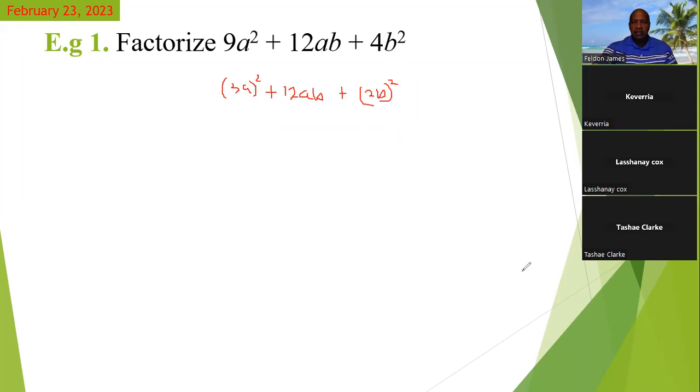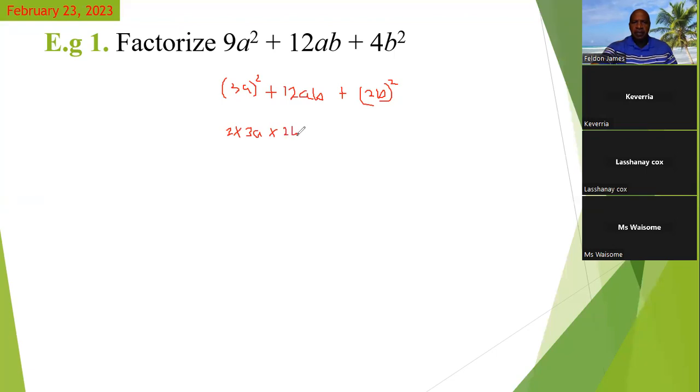So what would this give us, Ms. Waysom, if we were to multiply 2 times the base of the first and the base of the last? 2 times 3. Not just 3, Ms. Waysom. 3A, yes. 3A times the base of the last, which is 2B.